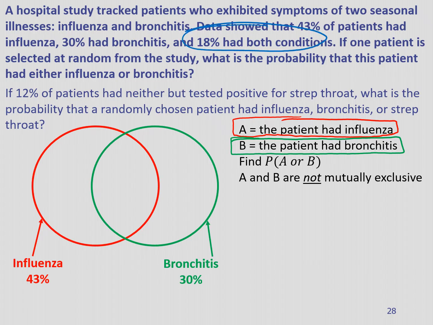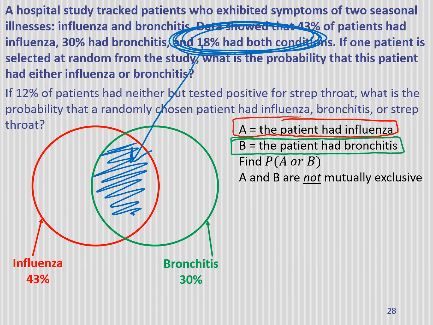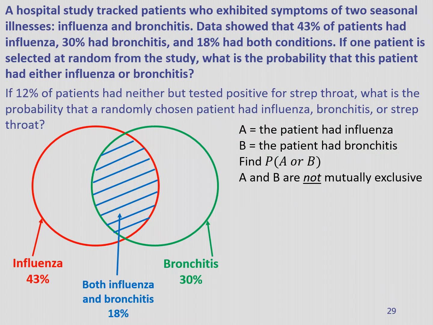But then some of them had both. That's why these two circles are overlapping. So that section in the middle represents the people that had both influenza and bronchitis. That's 18% of the patients.